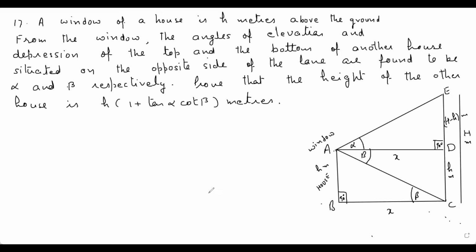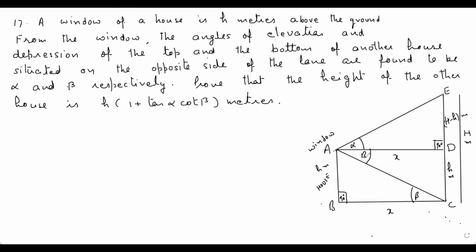Now let me repeat it again. There are two houses. One is AB and one is EC. A is the window of the first house. Alpha is the angle of elevation which the top of the other house makes with the window of the first house.